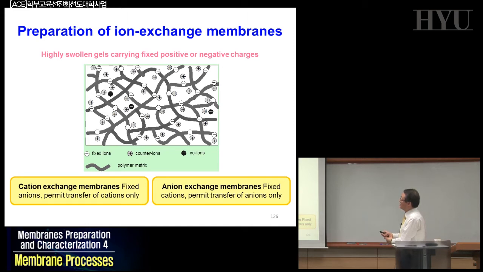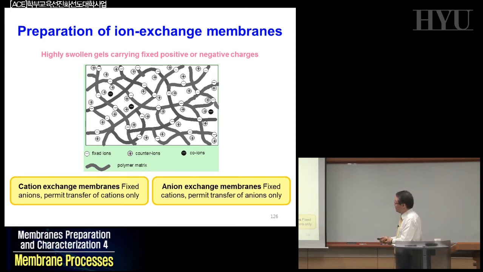It's not the fixed ions, but the counter ions that are exchanged through this IEC membrane. So when your counter ion, in this case cation, is exchanged, we call this a cation exchange membrane, and vice versa.